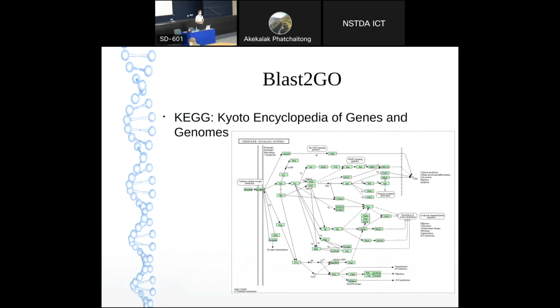This is an example of KEGG. So here we have all of the various genes, and this one is for the chemokine signaling pathway. So KEGG is just a series of pathways like this where we've experimentally validated each of the genes that take part in it.